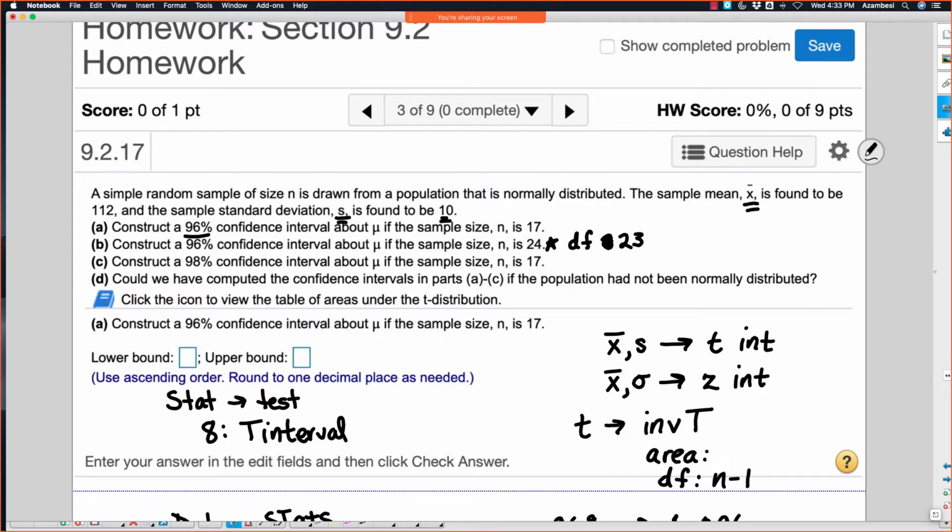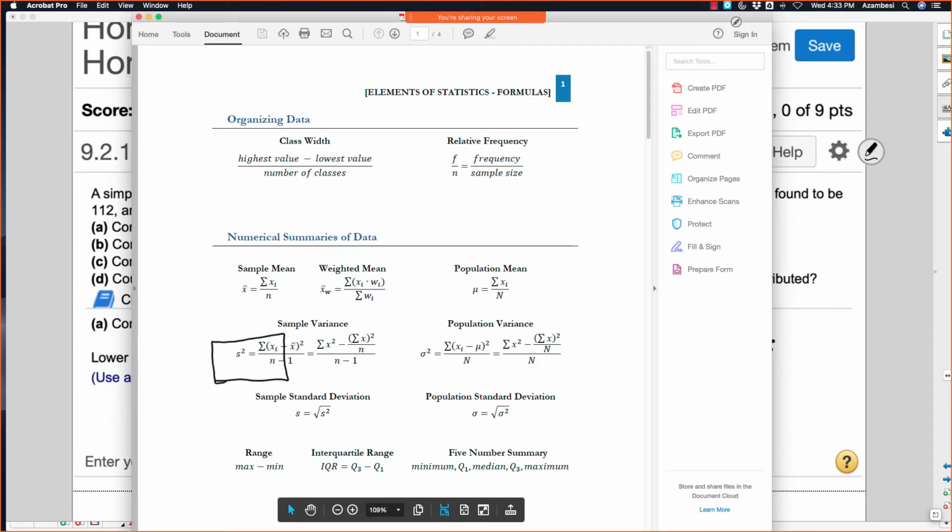On that note, if you are in the e-learning course, the midterm had a formula sheet, and there is also a formula sheet for the final exam. This is the final exam formula sheet.